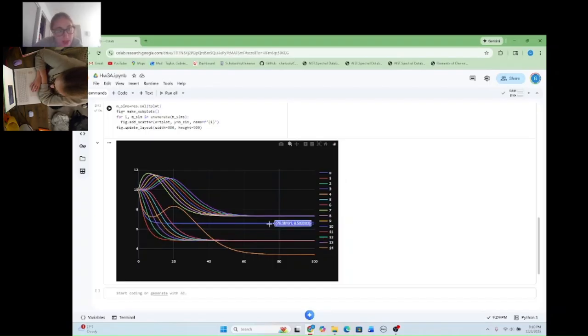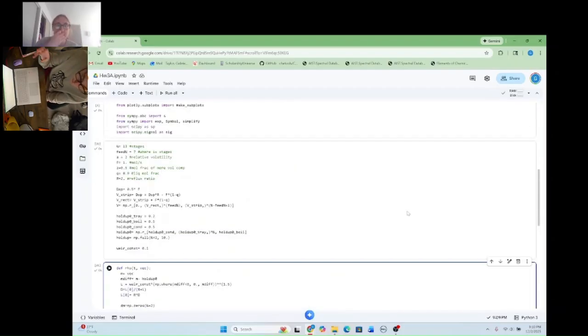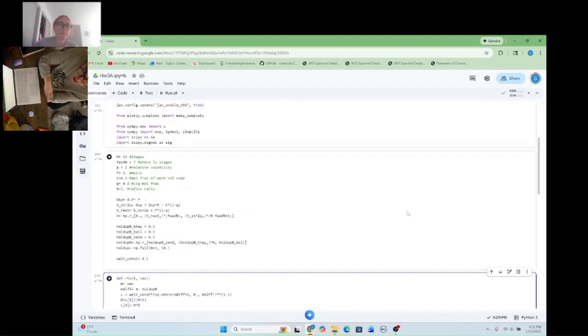Our 0 stage is where our condenser is, and that's going to be about 6.5. And then our other section, our bottom half, is going to have around 7. So that is just for the molar composition, and now we have to do the volatility.